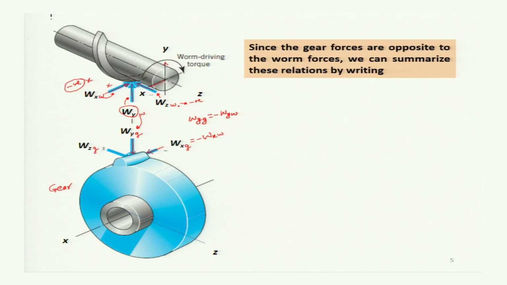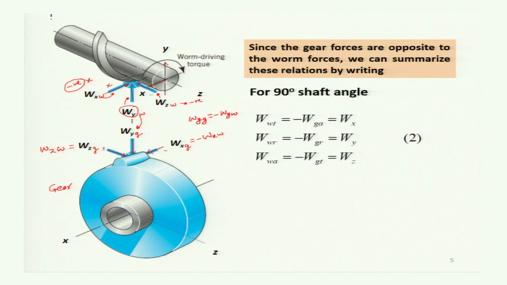So, in the direction of z, whatever force is acting along the gear will be equal to Wz of the worm. And for a 90-degree shaft angle, this is the relationship.